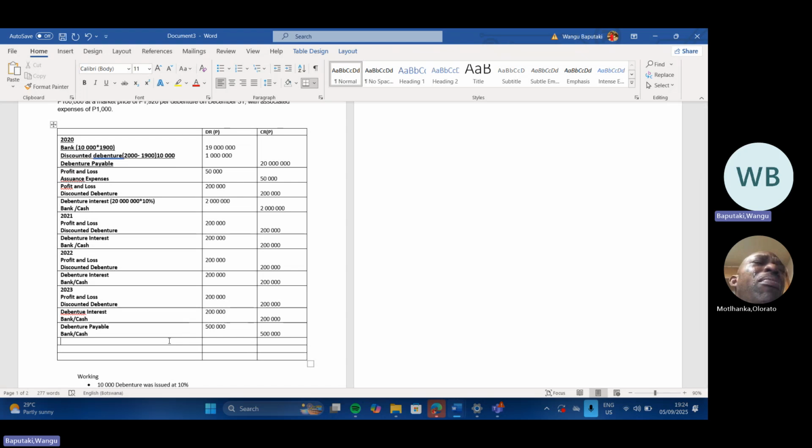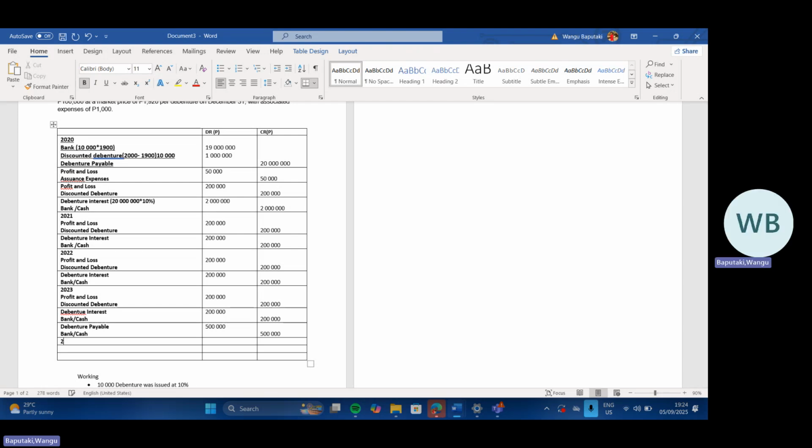So I'm going to deal with the last year, 2024. With 2024, there's also going to be some changes, but the profit and loss remains the same, the amortization.